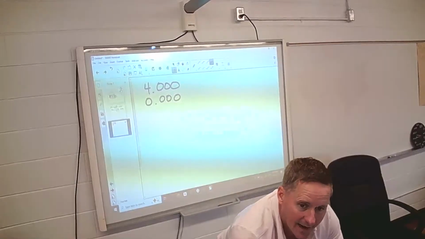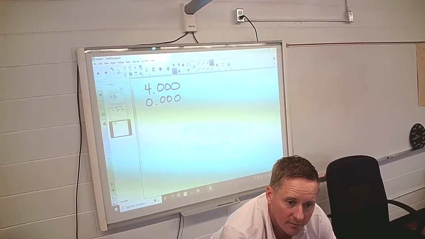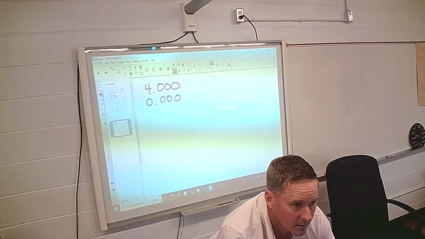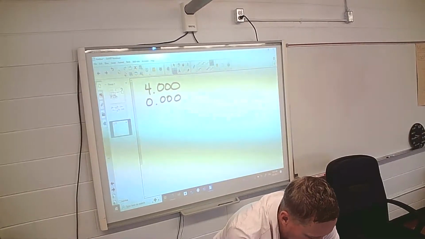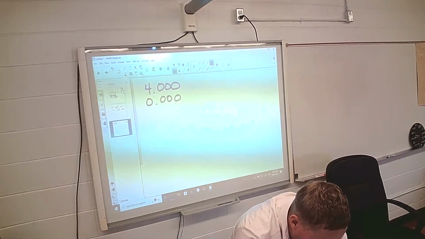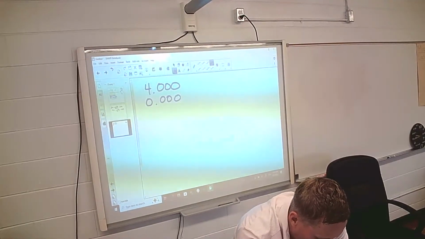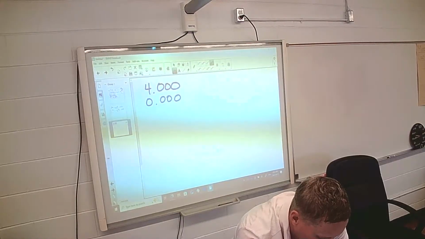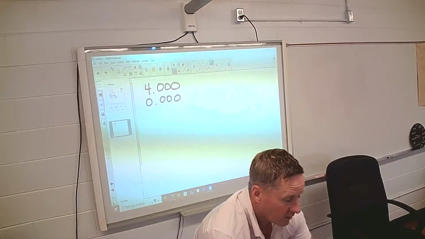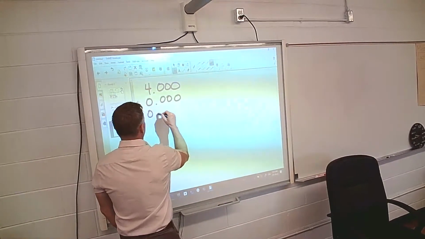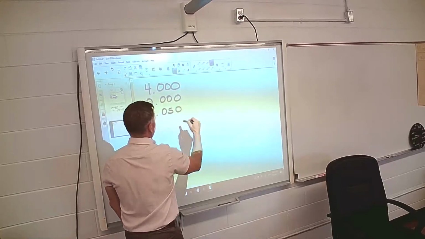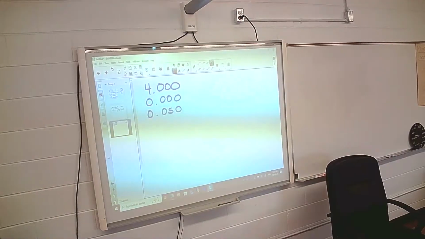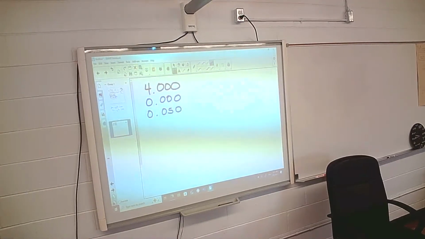So each tick has to be 0.025. And we also get that from the sliding scale. So it looks like it's greater than 0.025, greater than 0.05, which is what Jack said. So each tick represents 0.025 of an inch.